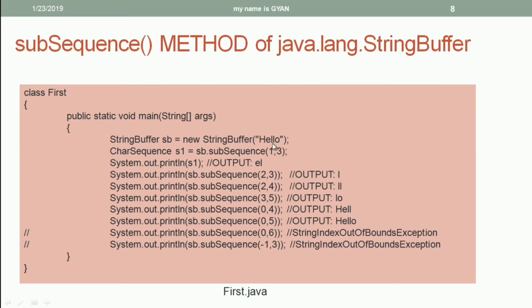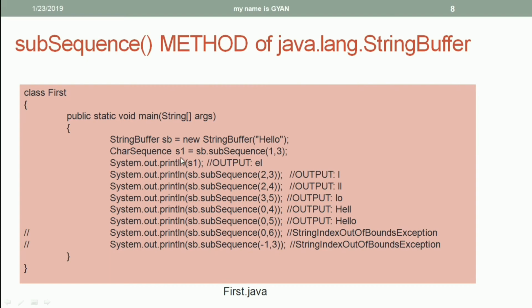By taking these two characters, create a new string object. So the new string object will be created by using these two characters. And the reference of that newly created string object will be converted into CharSequence type. That CharSequence reference, which is actually a reference of type string object, will be returned by the subsequence method and stored into the reference variable s1.